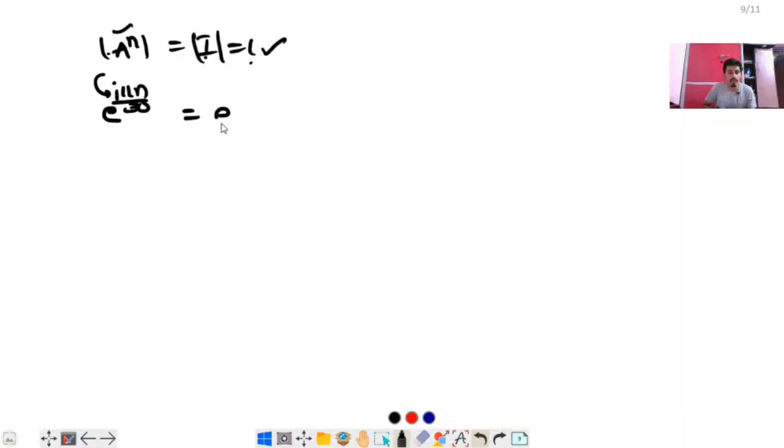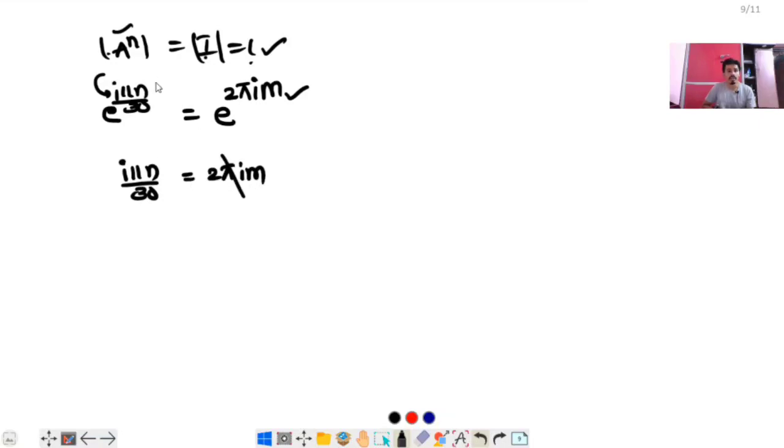Now you will replace 1 by e power 2 pi iota m. Equating both sides, you get iota 11 pi n by 30 is equal to 2 pi iota m.